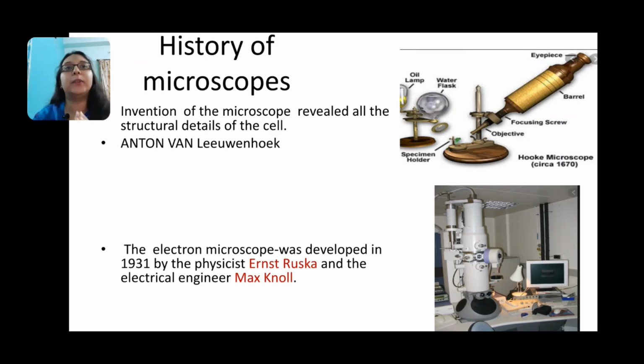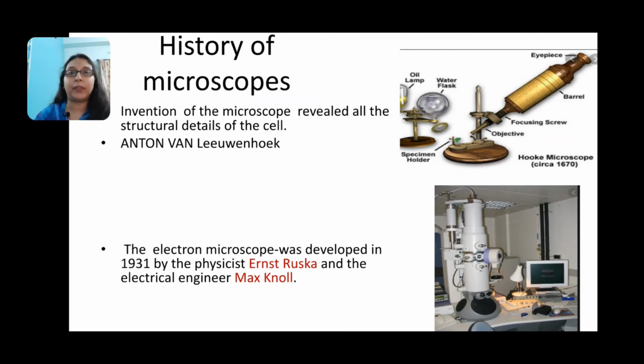So invention of the microscope led to the revealing of all the detailed structures of a cell. Anton von Leeuwenhoek played a very prominent role in the discovery of microscopes, and finally he noted those animalcule-like structures in a pond.